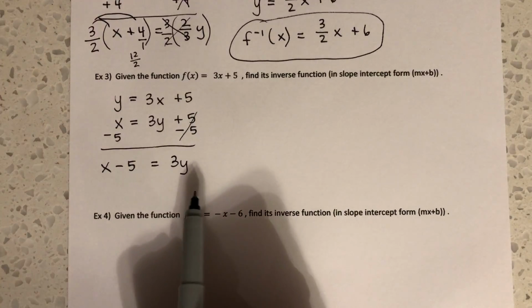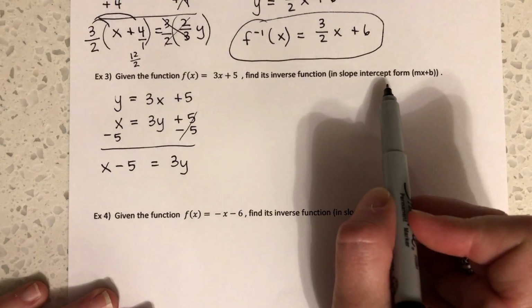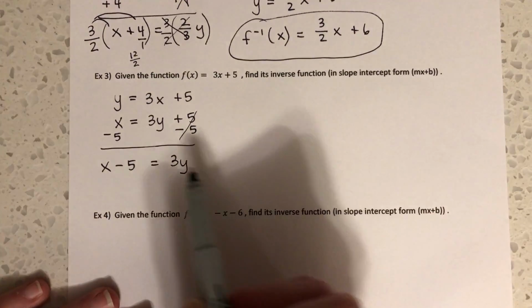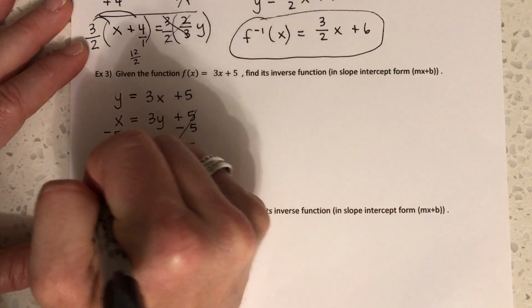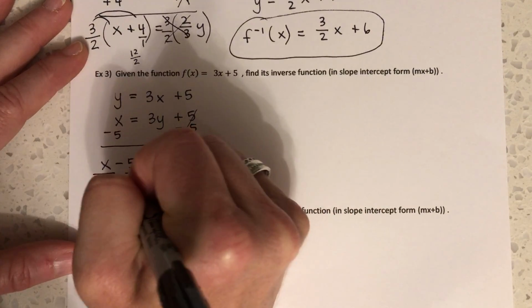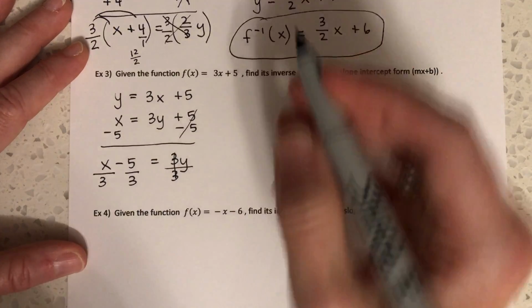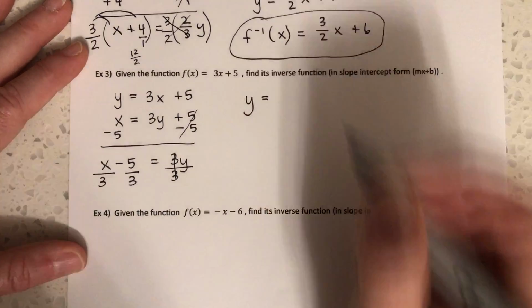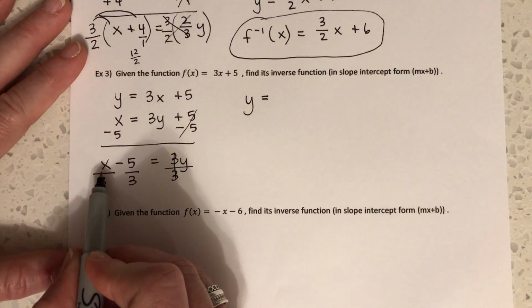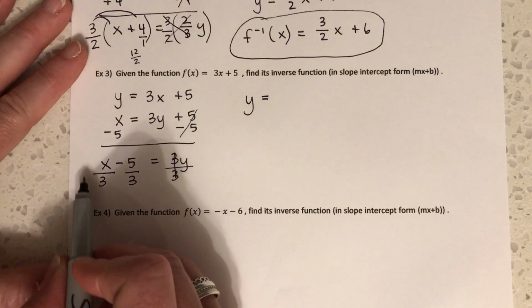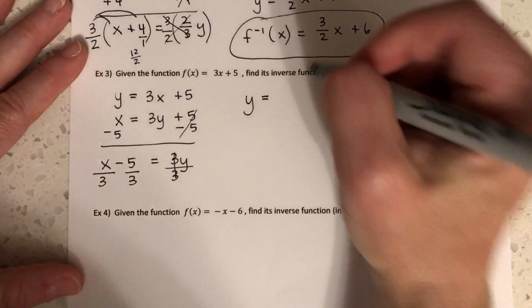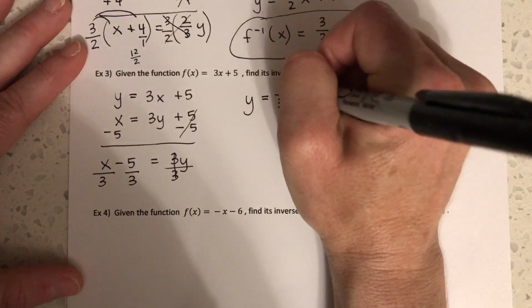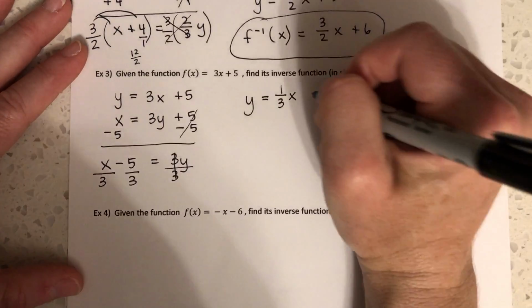Well, what we have to do now is divide by 3. But remember, they asked you to leave it in slope-intercept form. So let's divide everything by its own 3. Divide by 3, divide by 3, divide by 3. So now that's going to leave us with y equals, I'm going to switch it right now. Let's see, x divided by 3. Well, really, that's a 1x divided by 3, so it's 1/3 x, and then minus 5/3.